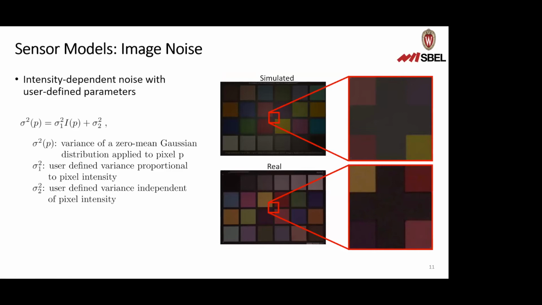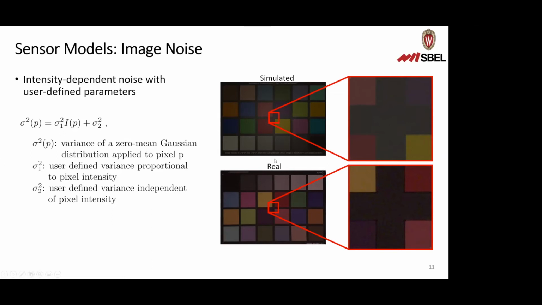So the example I have here for image noise is one that is based on the acquisition process of a camera, and that is a Gaussian model that is dependent on the pixel intensity. So how bright the pixel is will also determine how much noise that pixel experiences.